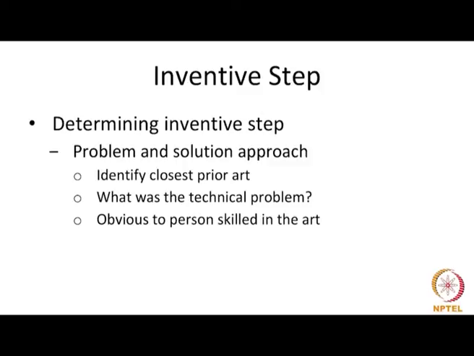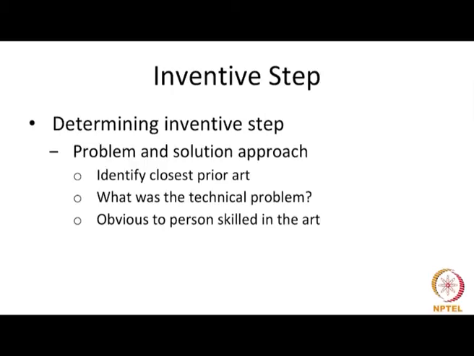And in the problem solution approach, the first step would be to determine the closest prior art, because as we mentioned, if we understand the inventive step as a step taken from the prior art, which a person skilled in the art could not take, then it means the step was taken from the closest prior art. There could be multiple prior arts in a particular domain. What was the prior art that was closest to this invention?